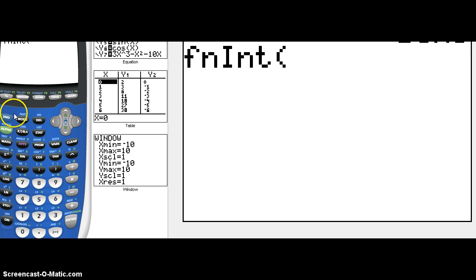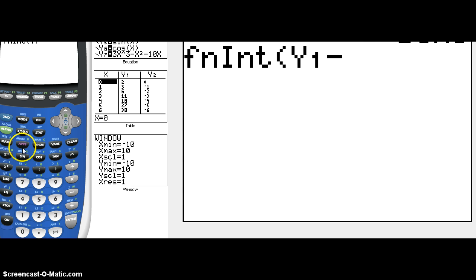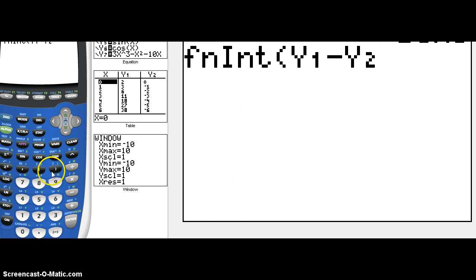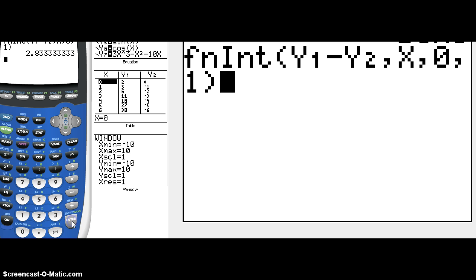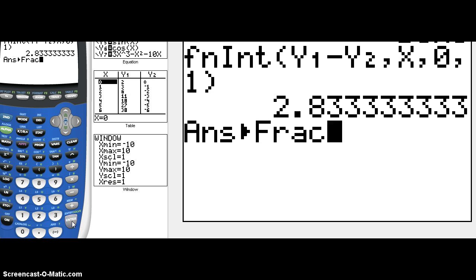I want the finite integral of my top curve, which was y1, so I can go to vars, y-vars, and choose y1, minus vars, y-vars, y2, and that will subtract the top curve minus the bottom, not really curve because it's linear, comma, with respect to x, comma, from 0, comma, to 1, and when I hit enter, it gives me the decimal approximation, which I can convert to a fraction by hitting math and the first option. And there it is, 17/6.